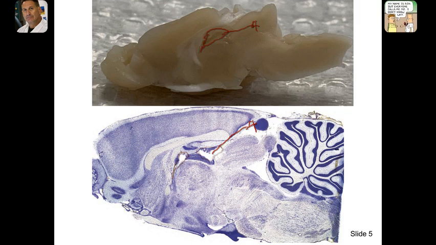We can see choroid plexus. This is the thalamus. Hypothalamus.